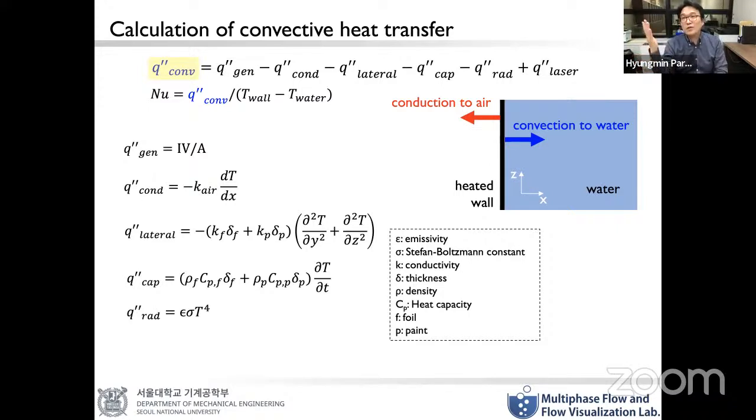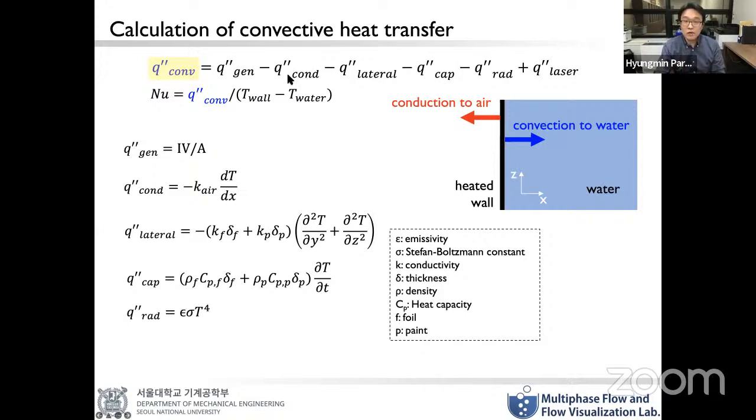That means the laser will act as a source of heat too, right? So eventually we have to find out the convection only due to the bubble-induced flow. But as you can see on the right-hand side, we have a lot of different types of heat transfer or heat migration paths. Like this, the first term is the generation, meaning the amount of heat we added.